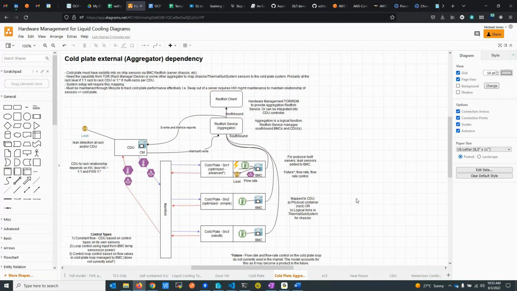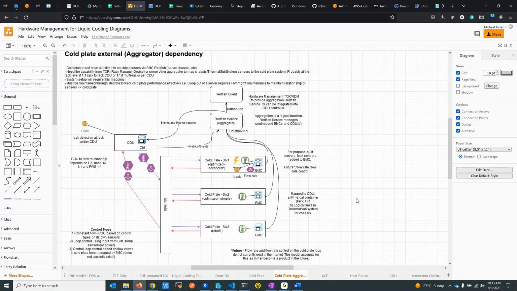Okay, so I hinted at this earlier. For this enclosed chassis immersion cooling, we would have to use the same system topology that we developed for cold plate.